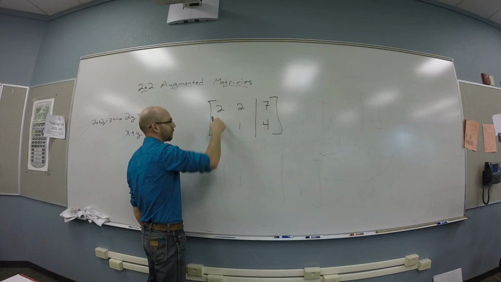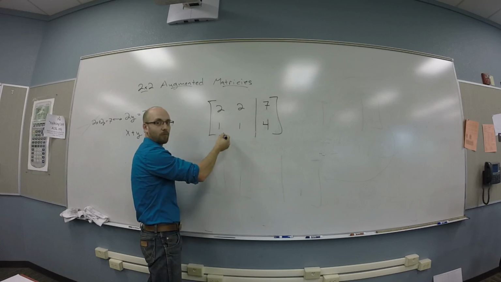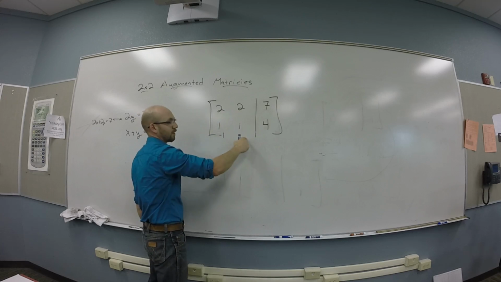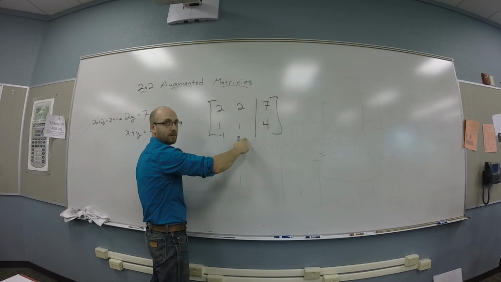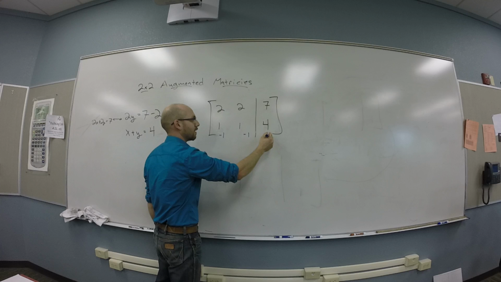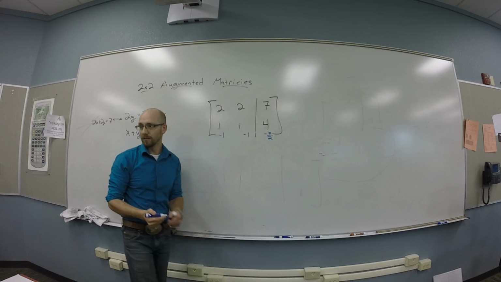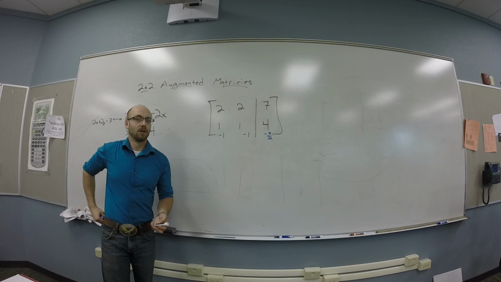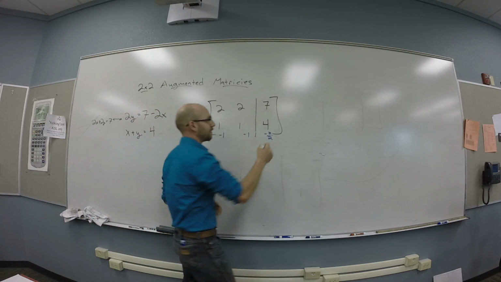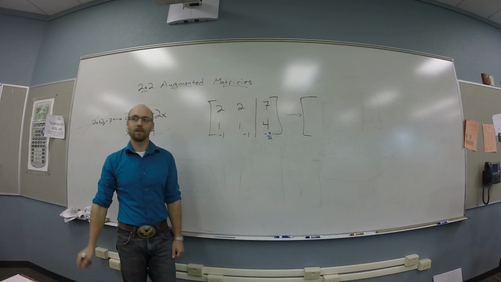So if I multiply this top equation by -1/2, I get -1, -1, and -7/2, whatever the heck that is, right? Okay, so then I'm going to add these together. What am I going to do to the top equation?